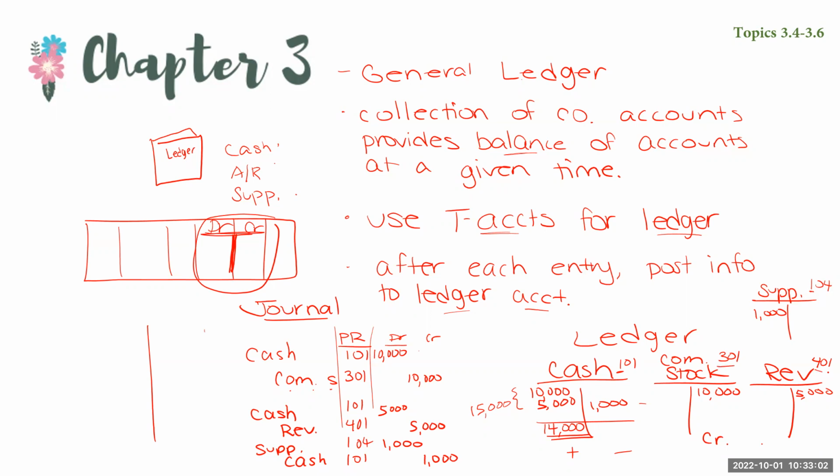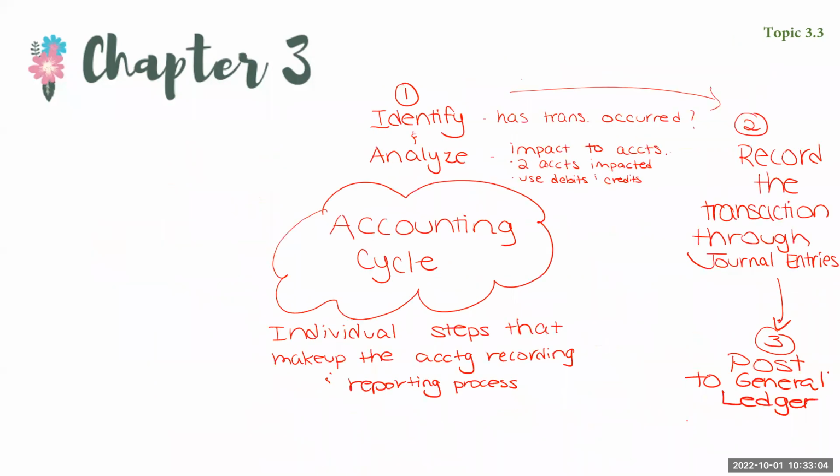Yay! So now we have done the posting to the general ledger. I'd love to have you try that for the Dursleys. I'll post the solution for that as well, because it's not difficult. You're just moving the information. And then the last step in this initial recording process is to prepare an unadjusted trial balance.